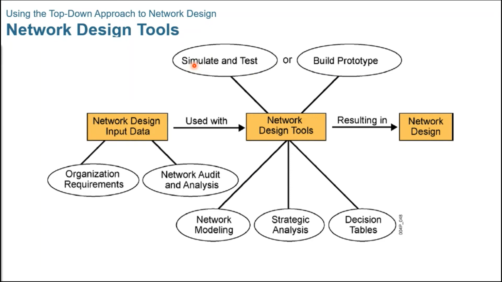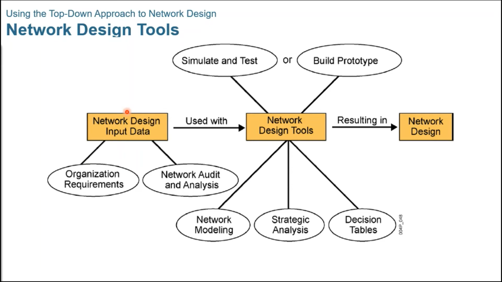You also need decision tables. As discussed, decision tables are manual tools for choosing specific network characteristics from multiple options based on required parameters. So you can also use simulation and verification tools or services.